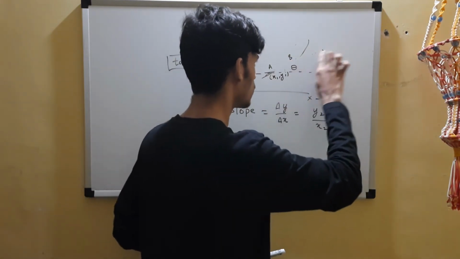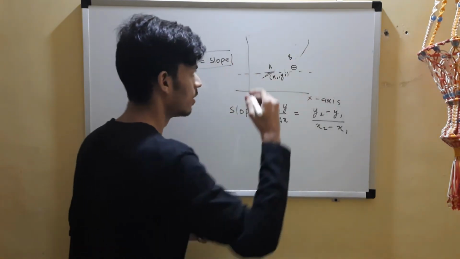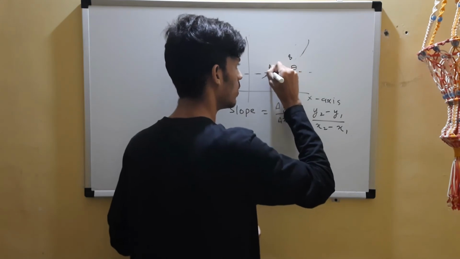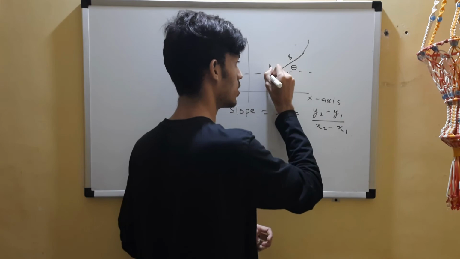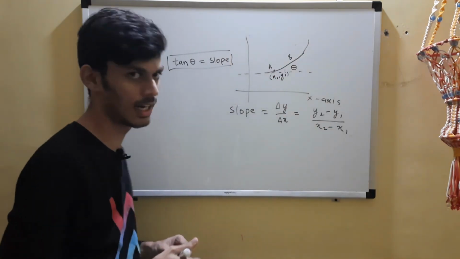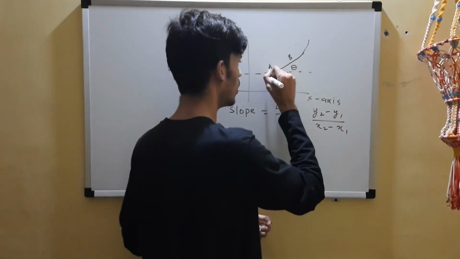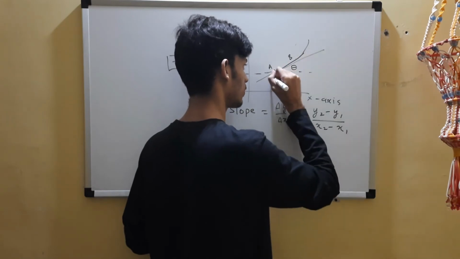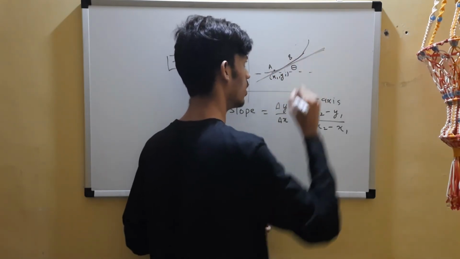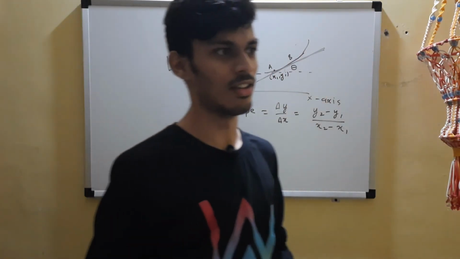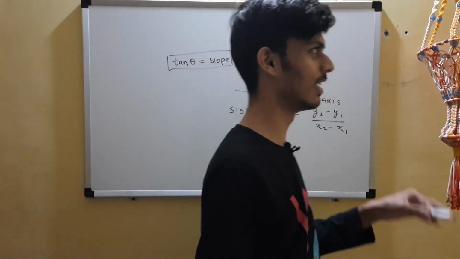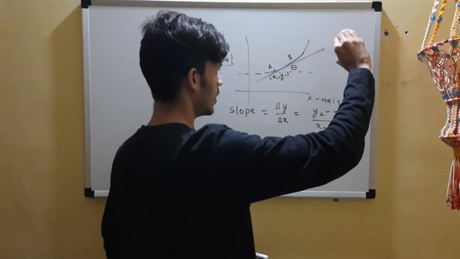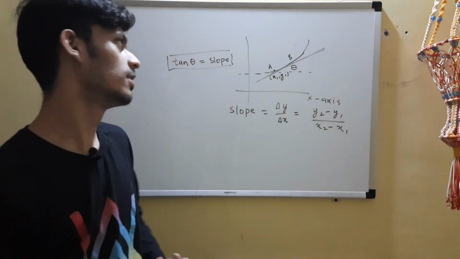Finally, this becomes so close that the line which was a chord before, which had to intersect at 2 points, will become a tangent. What is a tangent? If I had to define it, I don't know how it is defined in maths, I'll say it's a line which intersects a curve only at a single point.